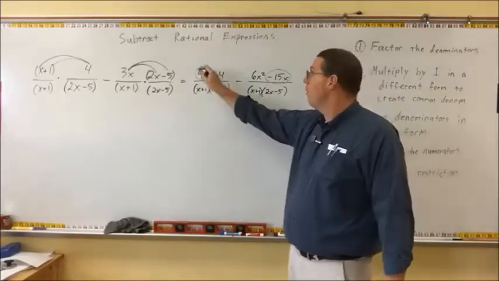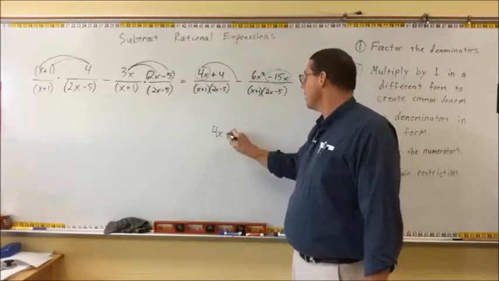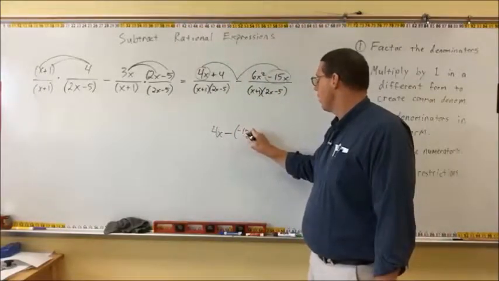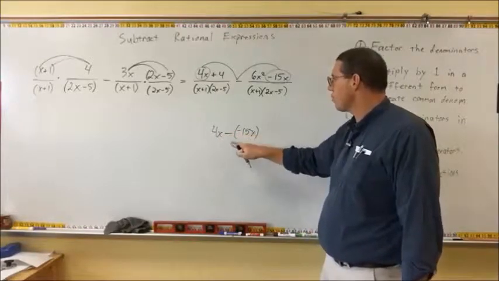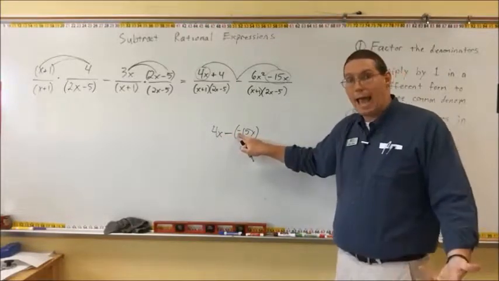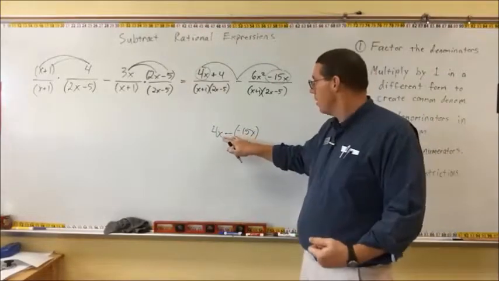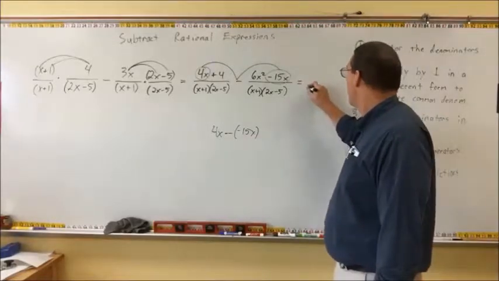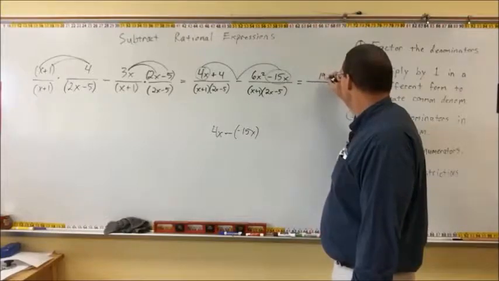So I'm going to go 4x minus negative 15x. What's 4x minus negative 15x? Well, minus negative means add. This is negative times a negative, that's a positive. So 4x plus 15x is 19x. I'm going to put it in the middle here, 19x.